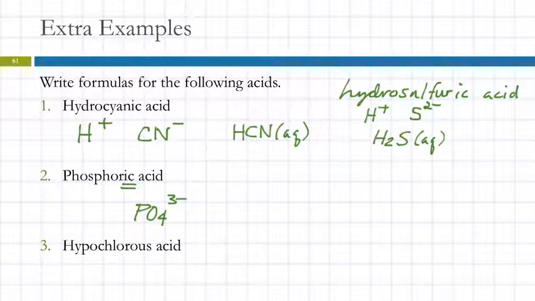And it's an acid, so the cation is H+. The charge on this phosphate ion tells me how many hydrogens I need. I need 3 of them. So it's H3PO4 aqueous. If you forget the aqueous, I won't mark it wrong, but it should be there.